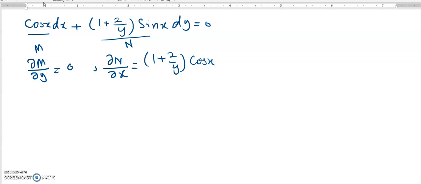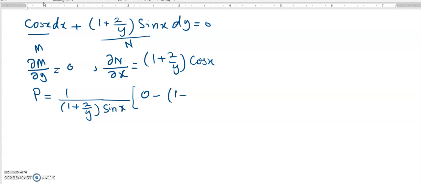So now we want to find an integrating factor. Let's try a function for the integrating factor. That function will be 1 over N, where N is (1 plus 2 over y) sine x, multiplied by partial M over partial y, 0, minus partial N over partial x.